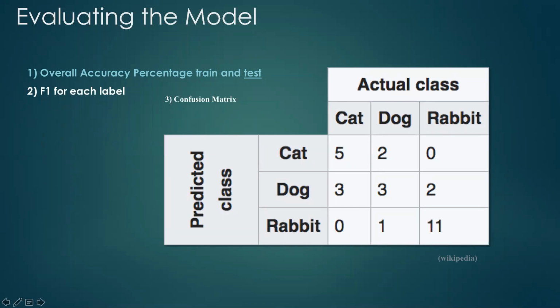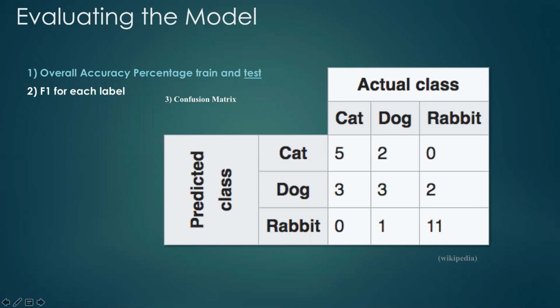We got it right 11 times. When it was a dog, we predicted it was a rabbit once. When it was a cat, we never predicted it was a rabbit. So you can see we're very good with this model at predicting rabbits. We got strong rabbit actual, rabbit predicted. We've got weak dog and cat to rabbit.